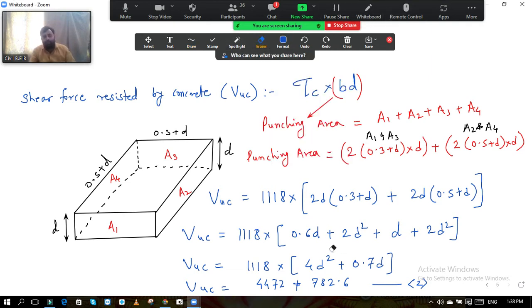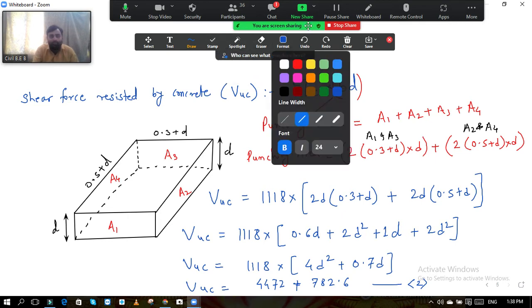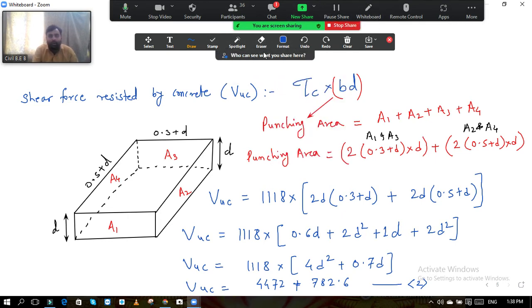So here 0.6d and this one is 1d; nothing is there, which means 1d, 1.0. So this will become 1.6d.